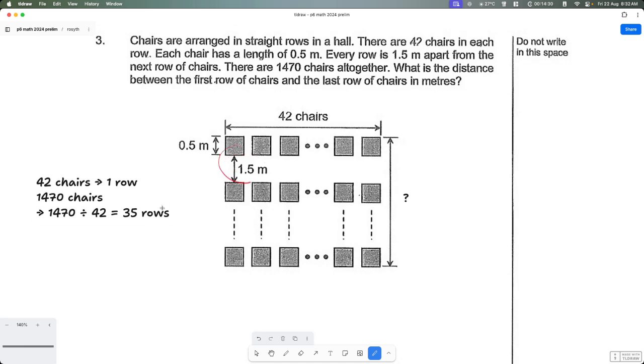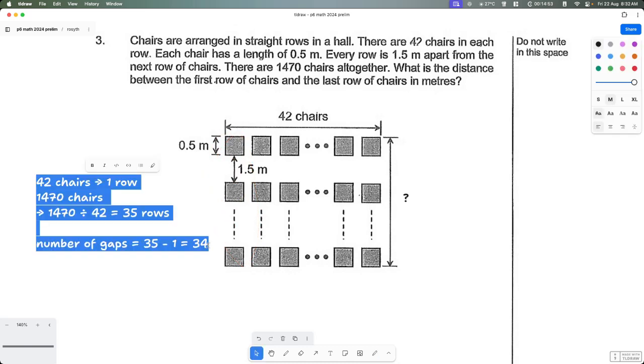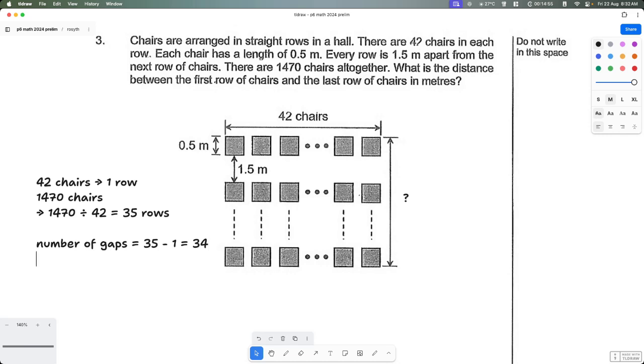I have 35 rows, so the number of gaps is equal to 35 minus 1. From the first to the 35th is 34 gaps. Between two chairs there is one gap, and between three chairs there are two gaps, so that's why you need to minus 1. This is an interval gaps kind of question. So now with that we can measure the length.